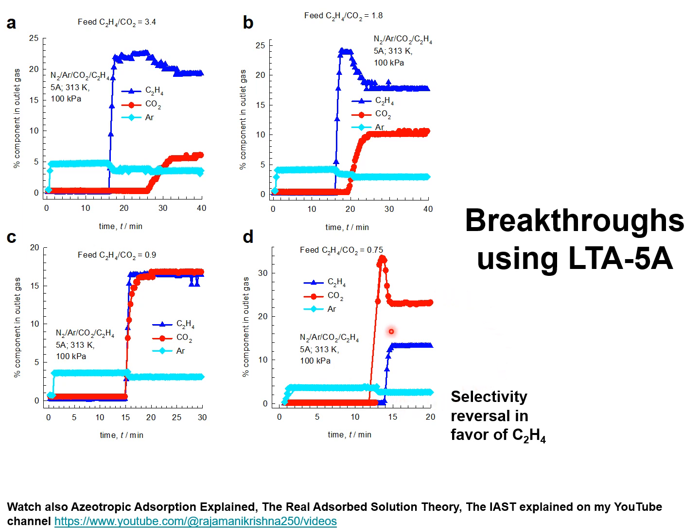So we have selectivity reversals. The selectivity reversal phenomena is explained in this video presentation that is available on YouTube. Clearly, the IAST does not anticipate this characteristic, as I shall demonstrate in the subsequent slide.